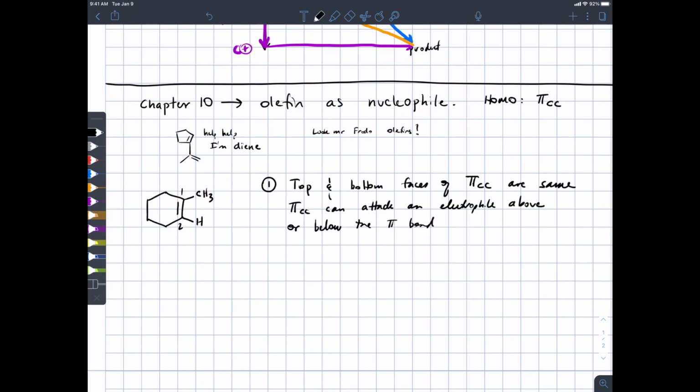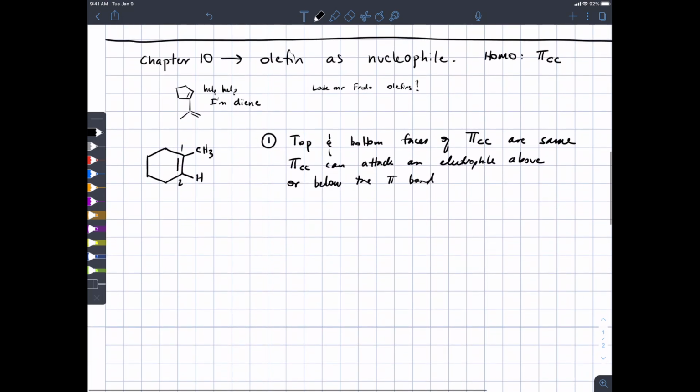You've got two faces to attack from. So that will have some stereochemical implications in terms of whether the electrophile that gets attacked ends up above or below the ring.